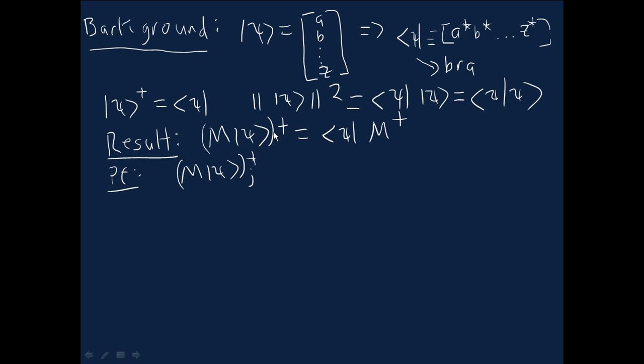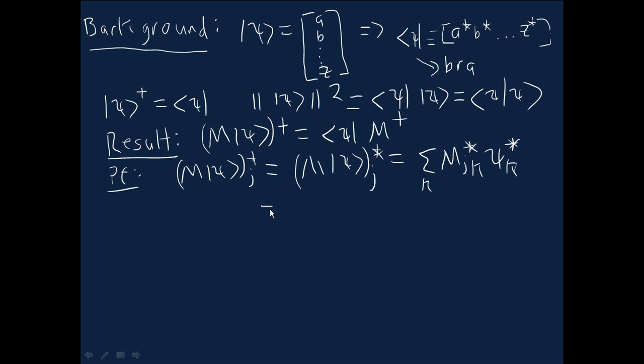So let's look at this left-hand side. Let's look at the jth component, and we'll show that it's equal to the jth component of the right. By definition, the jth component of this is just equal to the jth component of M psi, all starred, which is equal to, by the definition of matrix multiplication, a sum over a new index, M_jk psi_k, all starred, which we'll just take through like this.